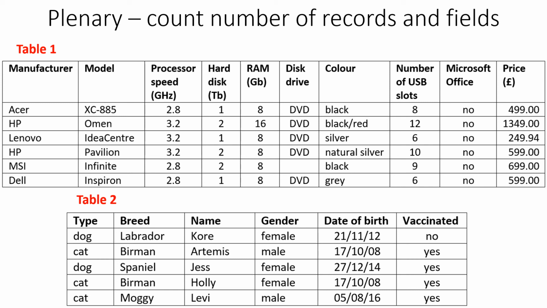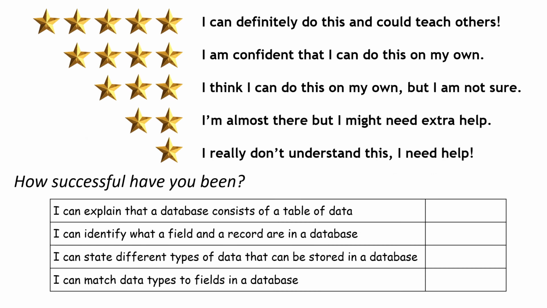So I want you to count the number of records and fields in both Table 1 and Table 2, pop those in the boxes provided on your task sheet, and that is you done for this lesson. So you can pause this whilst you complete that, and then we'll finish up by seeing how we think we've done in this lesson.